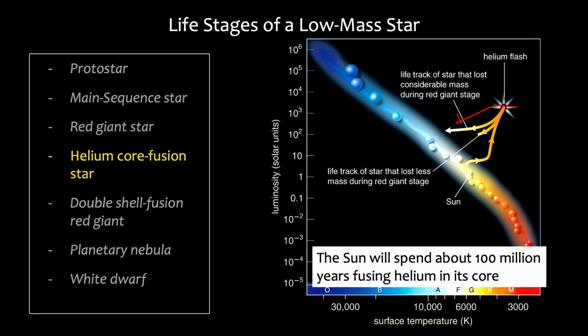And so after the helium flash, our Sun is in its final years, literally in its dying stage. Remember, 100 million sounds kind of long, but it's only about 1% left, okay?